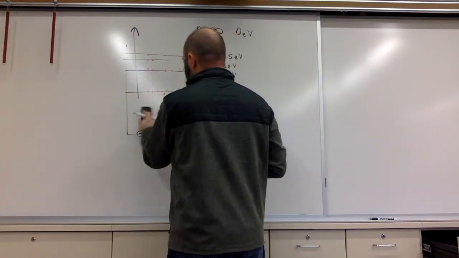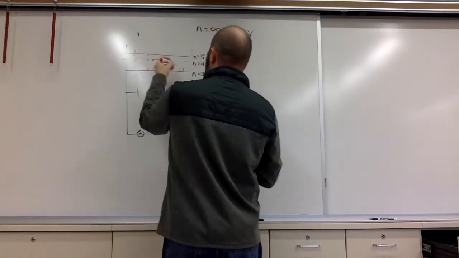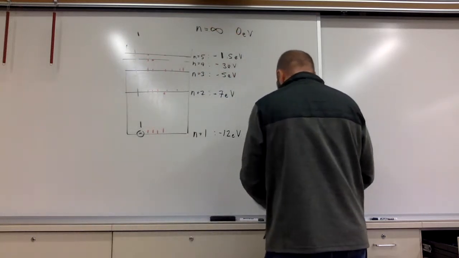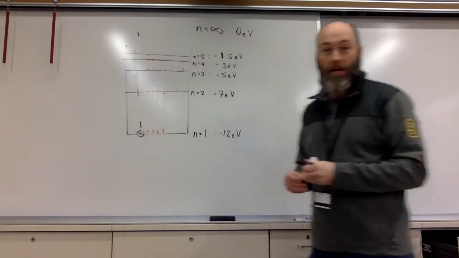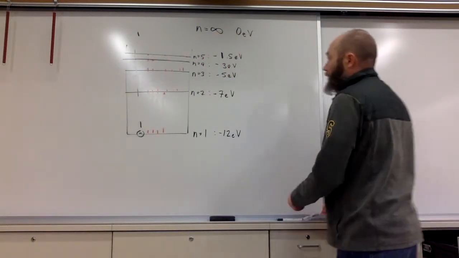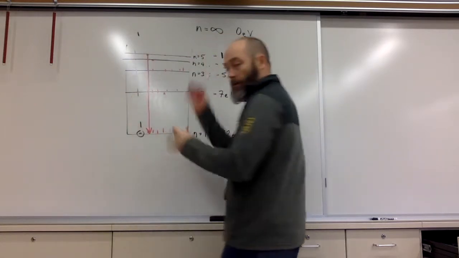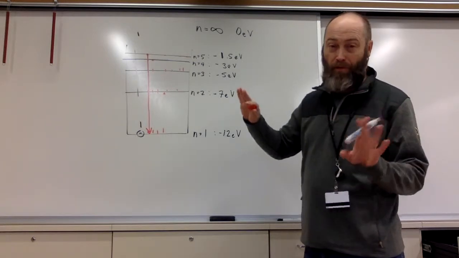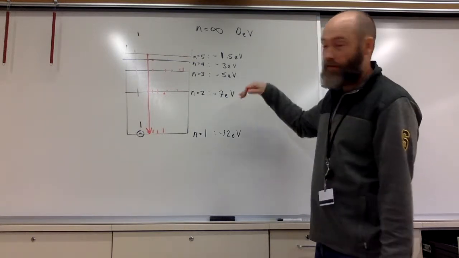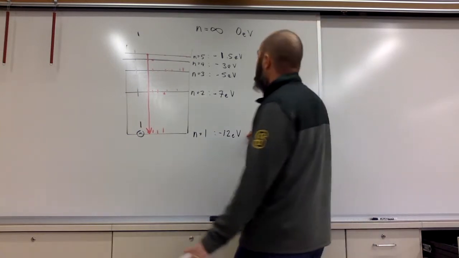If you wanted to go the other way, if you're going to be emitting photons, then that means the electron is starting in a higher energy level, and it's going to drop down to a lower energy level. So if you're going down, you're going to emit. My numbers from before are going to be goofy because I screwed up before, but this one would be a 10.5 EV photon.